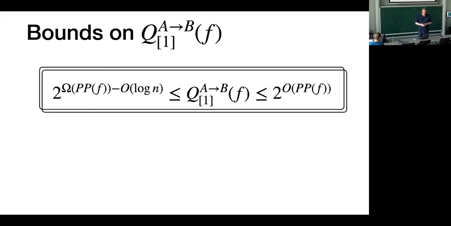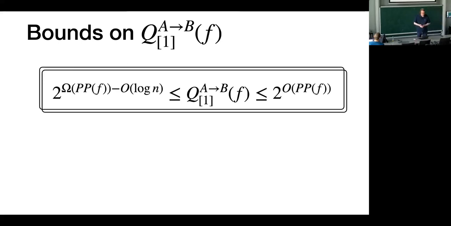And we get this characterization, which is kind of terrible. So there's a model of communication complexity called PP protocols, which I'll define in a moment. So we have this measure one-way Q1 of F defined exactly as before, only with this restricted protocol with one message being sent only.